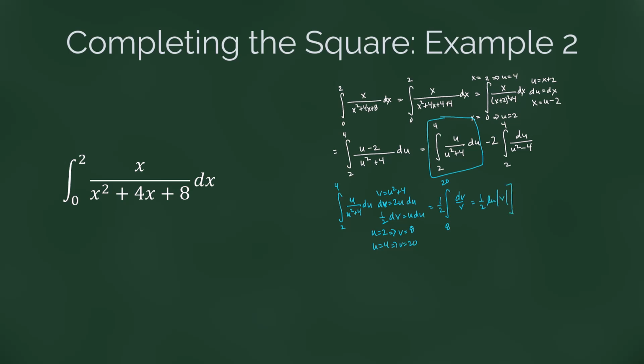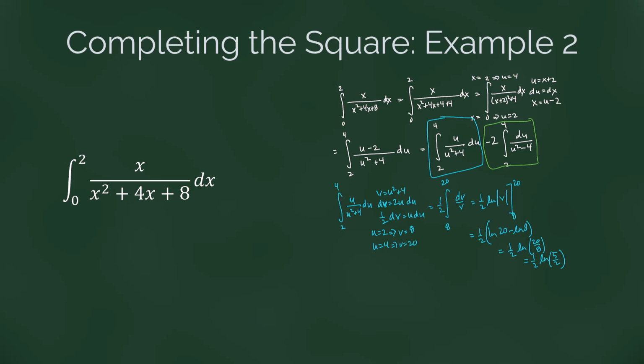We know that that is 1/2 the natural log of the absolute value of v, evaluated from 8 to 20. Which is going to give us 1/2 the natural log of 20 minus the natural log of 8. Using laws of logs, we get 1/2 the natural log of 20 over 8, which simplifies to be 1/2 the natural log of 5 over 2.